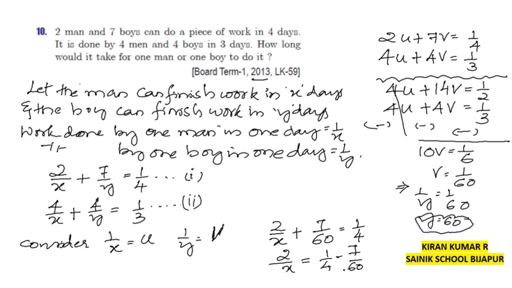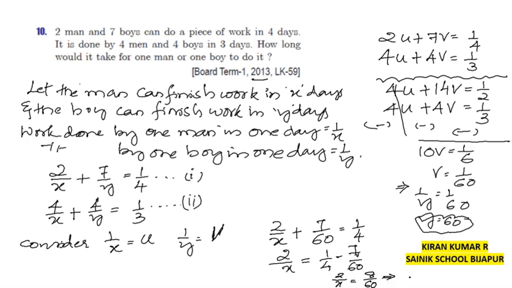Therefore, this 4 has to be multiplied by 15, so 15 minus 7 will be 8 by 60. So we get 2 by X is equal to 8 by 60.